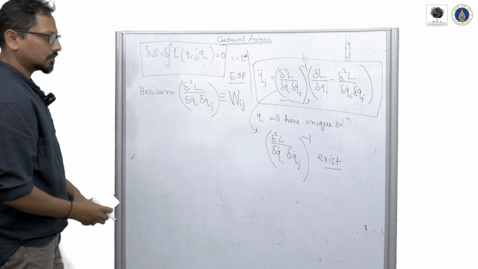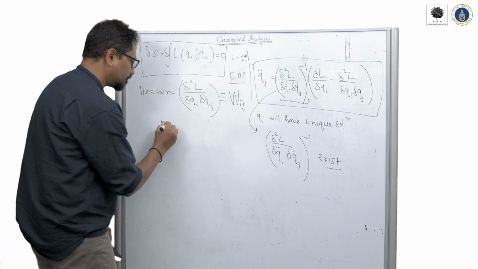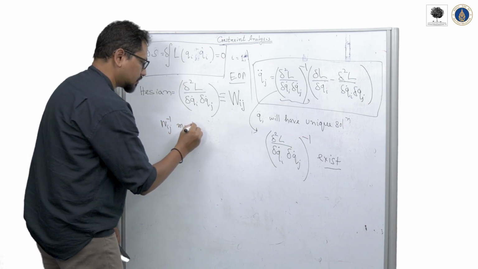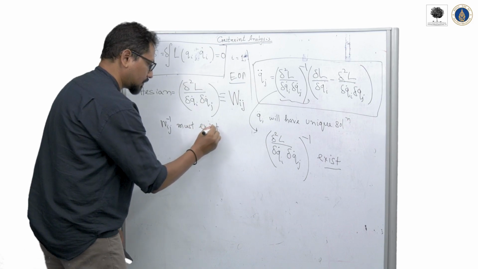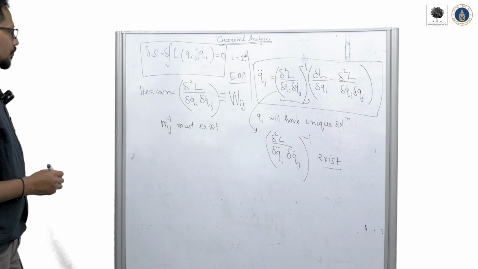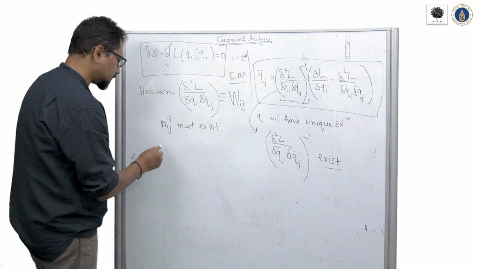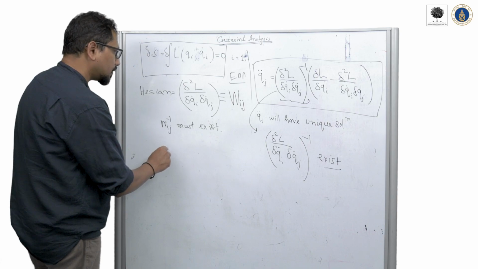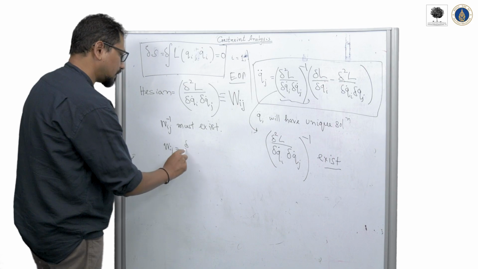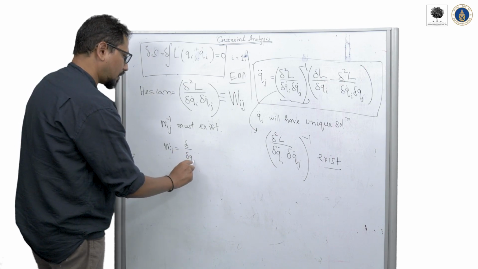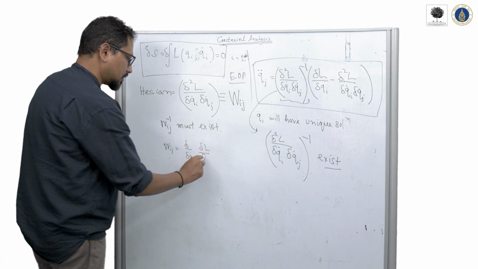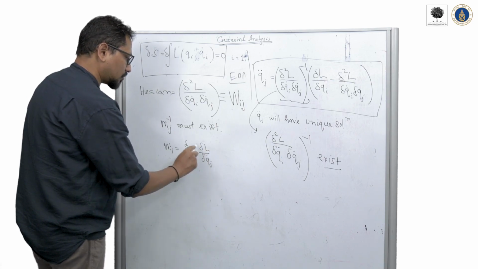Now it's clear that the inverse of Wij must exist. But if we notice, Wij is nothing but del by del Qi dot of del L by del Qj dot.